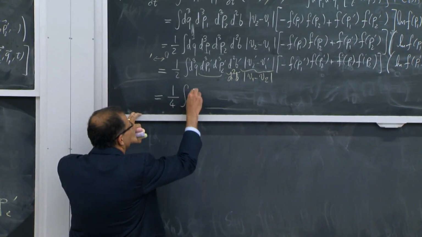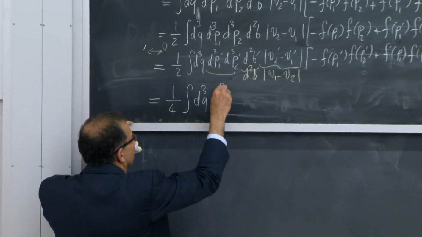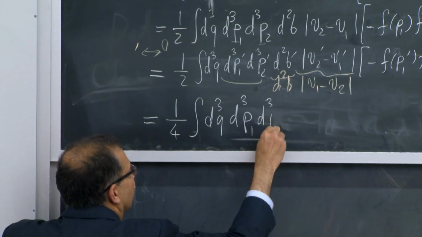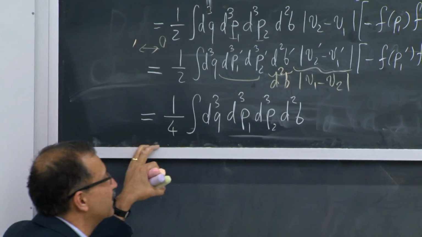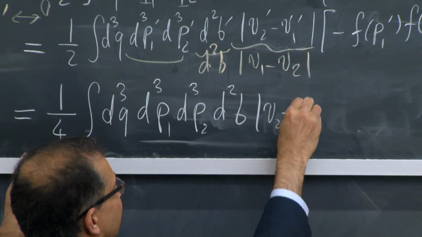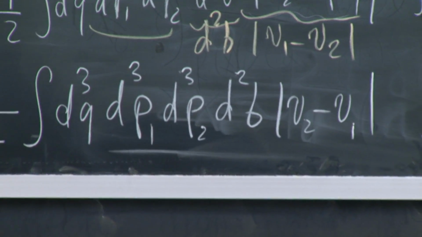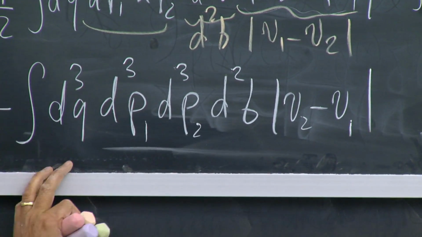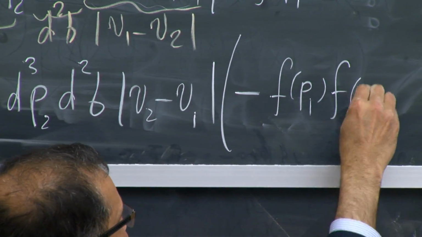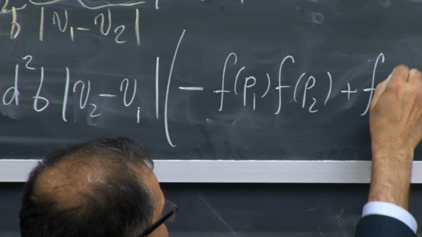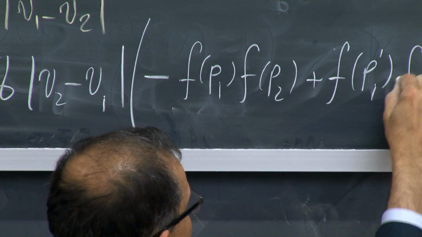The answer will come down to an integral over P1 and P2, d2b, a relative velocity. We would have minus f of P1, f of P2, plus f of P1 prime, f of P2 prime.